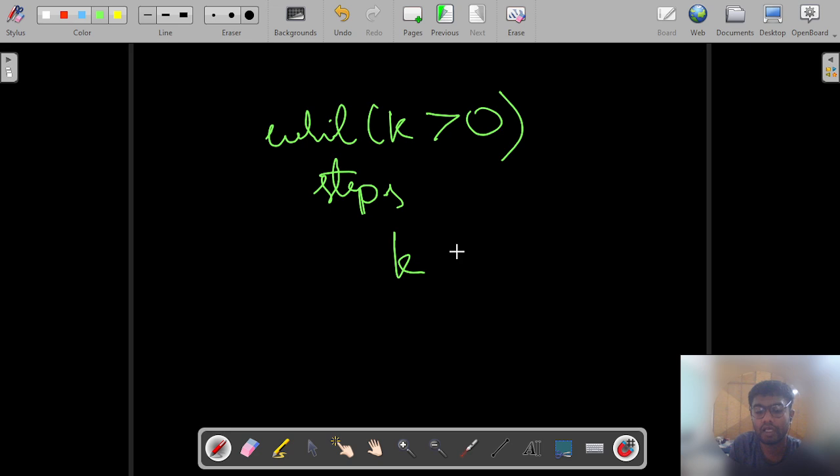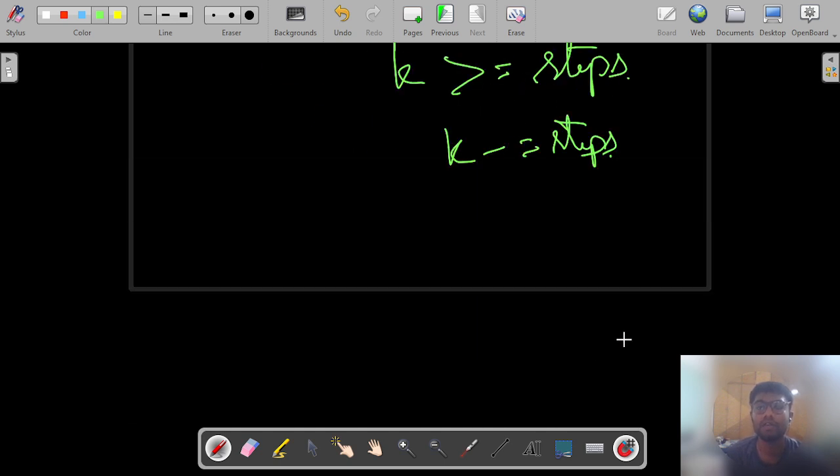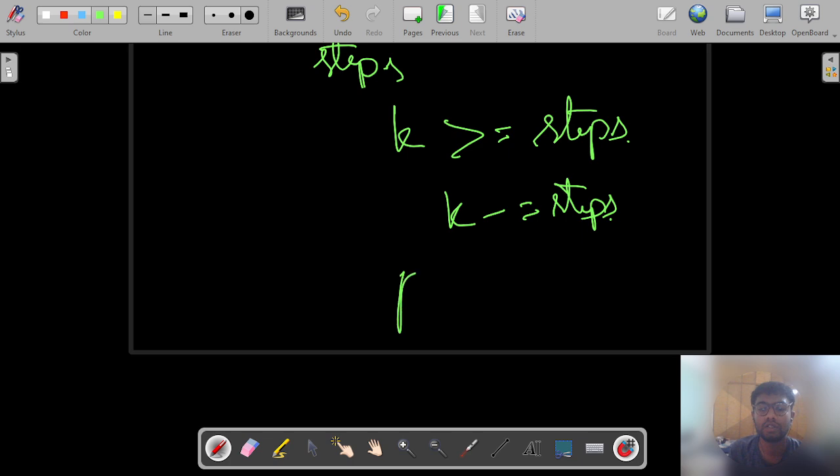If k is less than or equal to steps, then we decrement k to k minus steps, and we increase the prefix by 1.